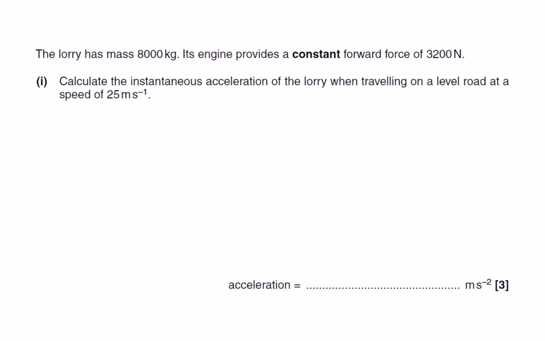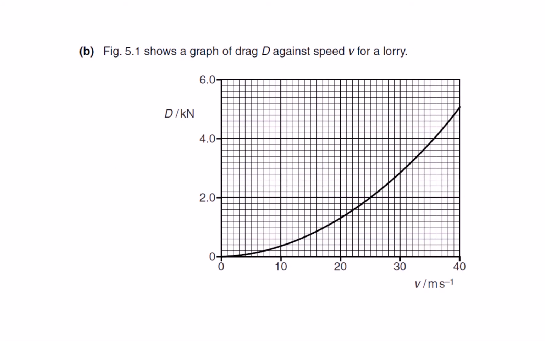Okay, let's just have a little diagram. So here's my lorry. We've got a constant forward force here of 3,200 newtons, but as we've shown in the previous parts of the question, there is a drag force, and that drag force depends on how fast the lorry is going.